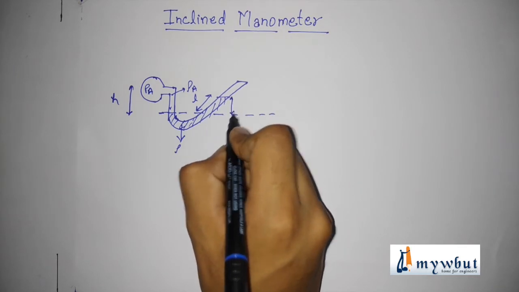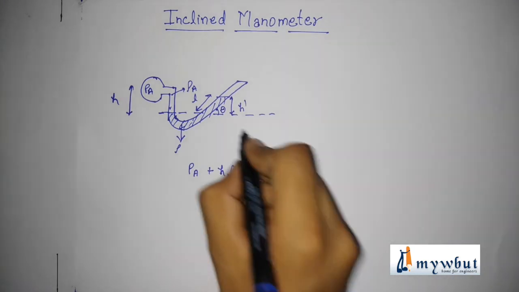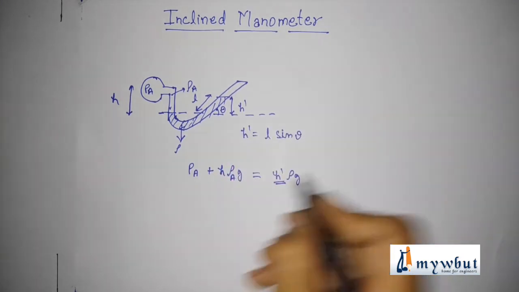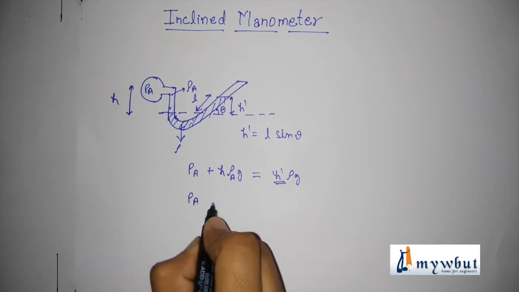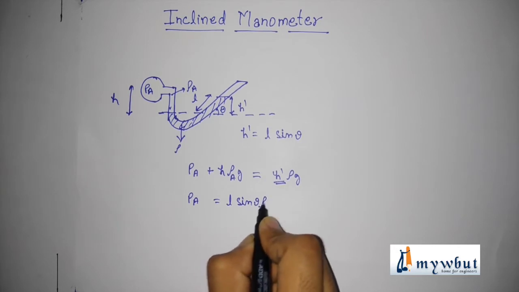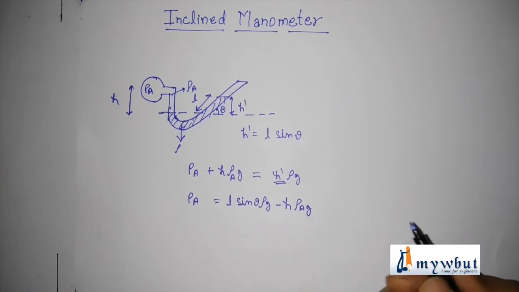If this is theta, then h dash will be L sine theta. So PA will be L sine theta rho g minus h rho A g.